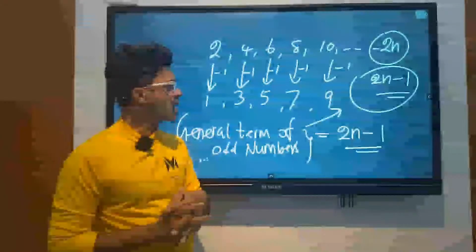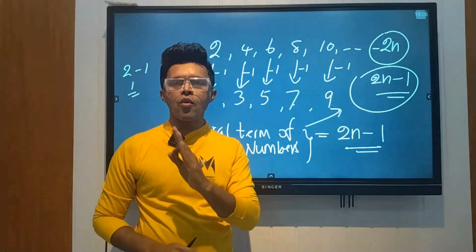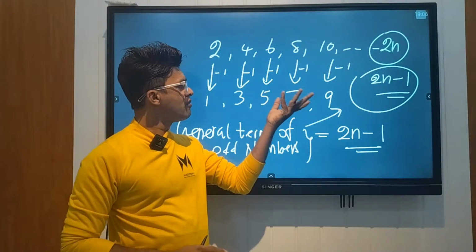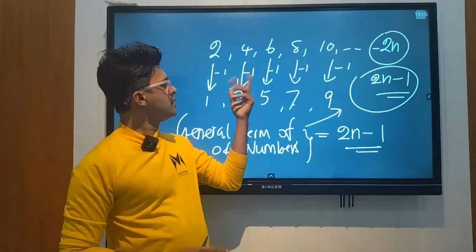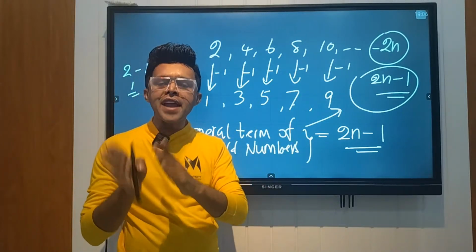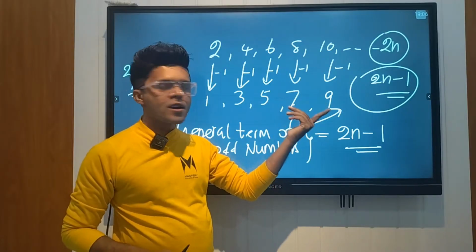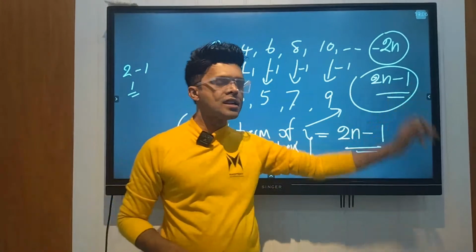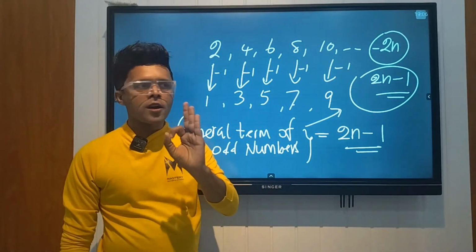The method taught in your textbook is also okay, no worries about it. But this one was taken logically, right? Every time you subtract 1 from an even number, you get the odd number. So the general term of odd numbers is 2n minus 1.